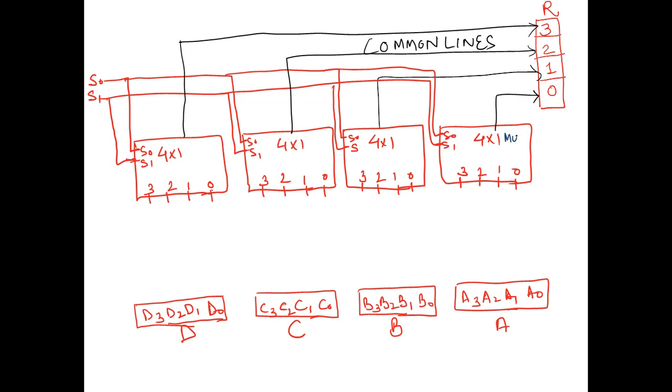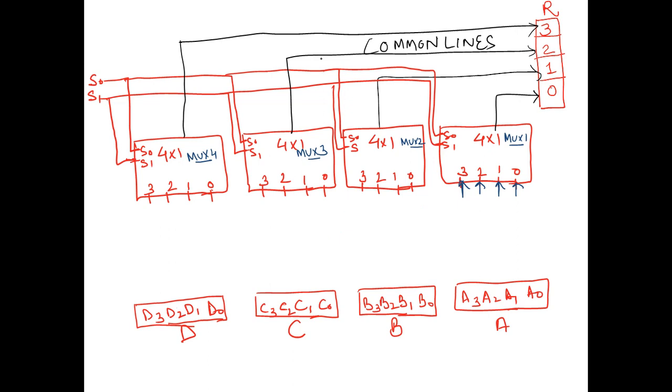Let's suppose this is mux number 1, this is multiplexer number 2, multiplexer number 3, and multiplexer number 4. These are the 2 selection lines, which would be commonly attached to all the available multiplexers. And what I need to remember is the input coming into these multiplexers. That is the point to understand here.